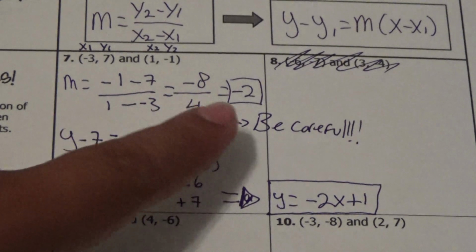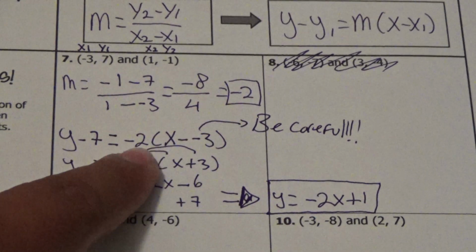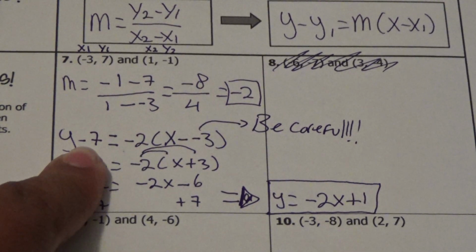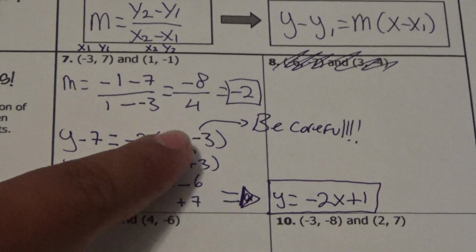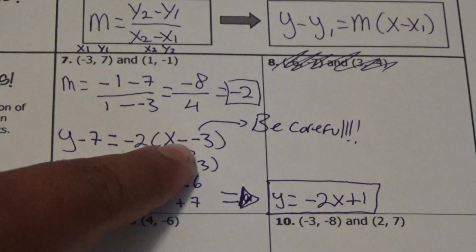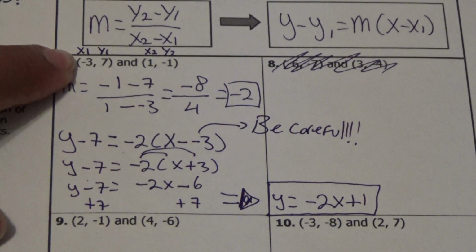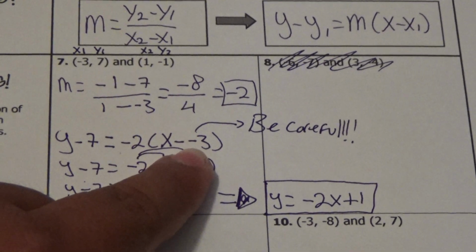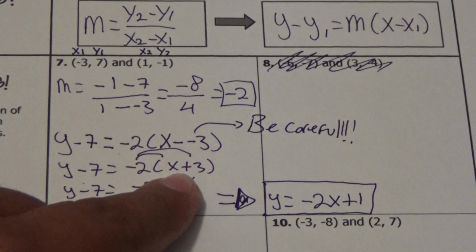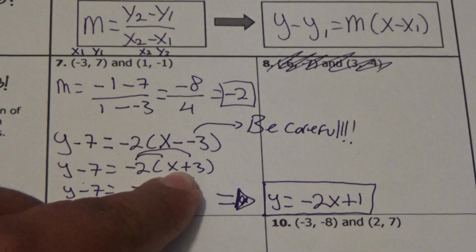If we figure out that the slope is -2, y minus y1, which is 7, -2 is our slope. x minus, well, it happens that our x1 is -3, so be careful. x minus -3 becomes a plus, so x plus 3.